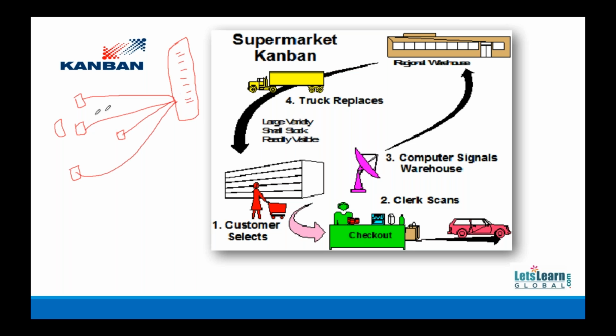This information is integrated with the centralized warehouse. The material stored at the cheaper places on the outskirts of the city will be replenished as and when the products reach the reorder level. Say a customer picks up the product and goes to checkout. After paying, once the product is scanned, this information immediately goes to the warehouse that this product is sold out.